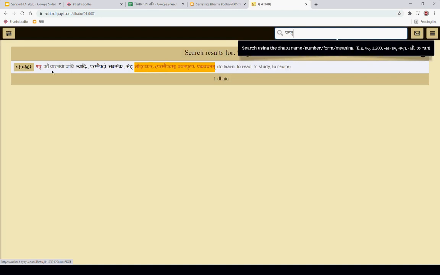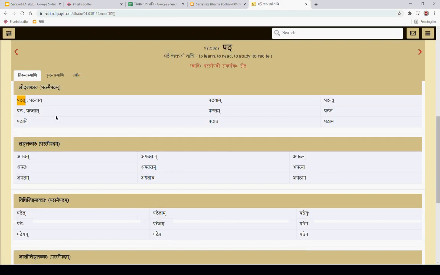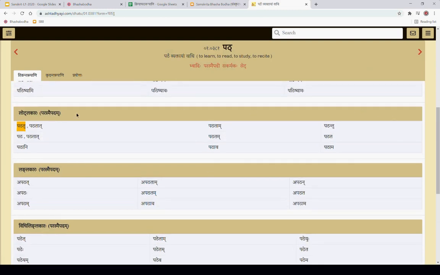If I click here, it will directly take you to the table: Patatu, Patatam, Patantu, Pata, Patatam, Patata, Patani, Patava, Patama. This is very helpful. And it also shows the meaning of the dhatu: Pat as in to learn, to read, to study, to recite.